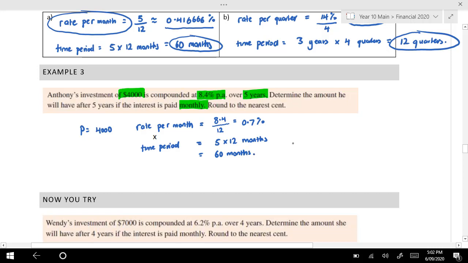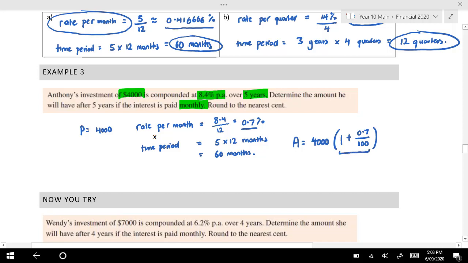And now in the formula, my amount at any time is my principal, 4,000, that goes out the front. This 0.7% really can go up here as a percentage. It could be 0.7 divided by 100, and that's then going to give me my rate as a decimal.